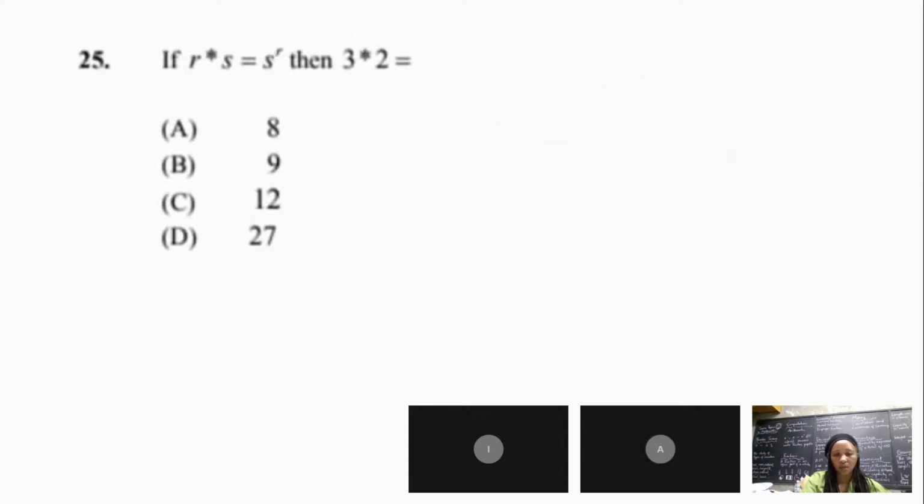Okay. Imani. Okay, miss. If r asterisk s is s to the r power, then 3 asterisk 2 equals, miss, so that would be 2 to the third power. Since we're putting in the numbers for the letters, 3 where R is and 2 where S is.